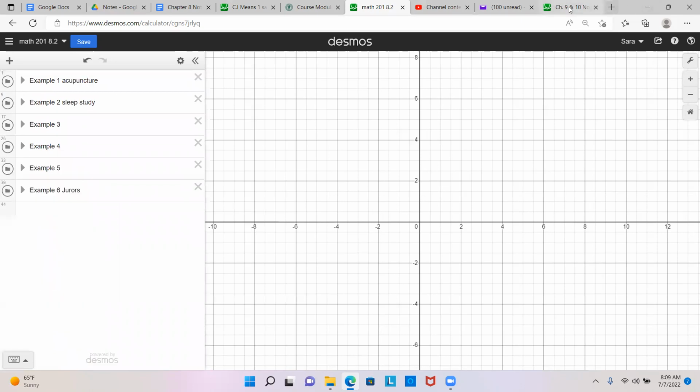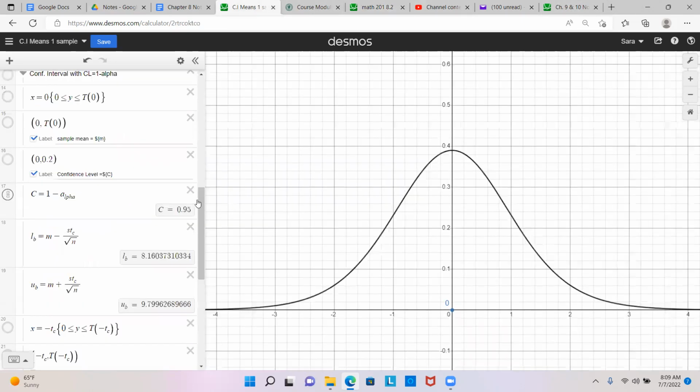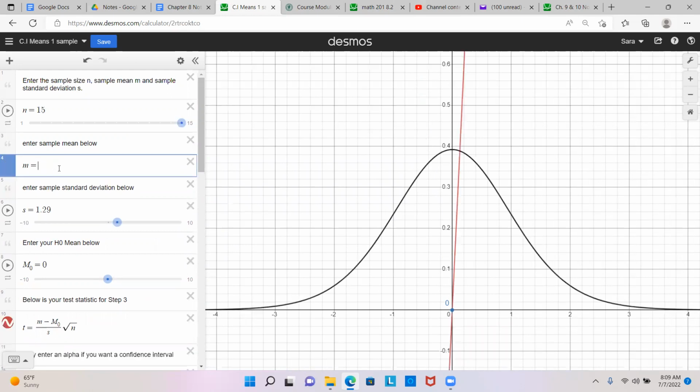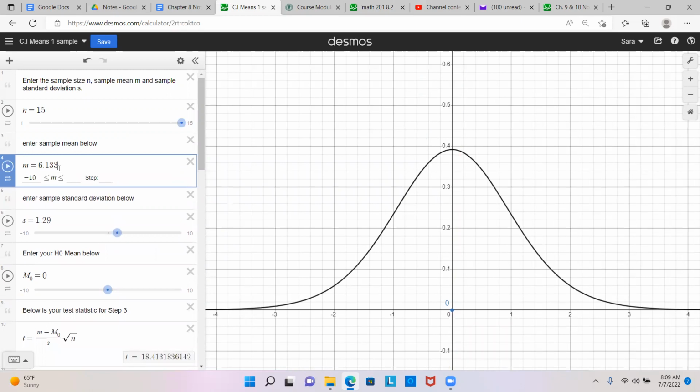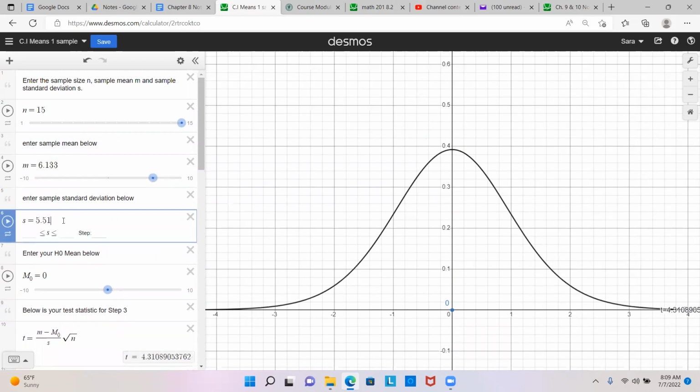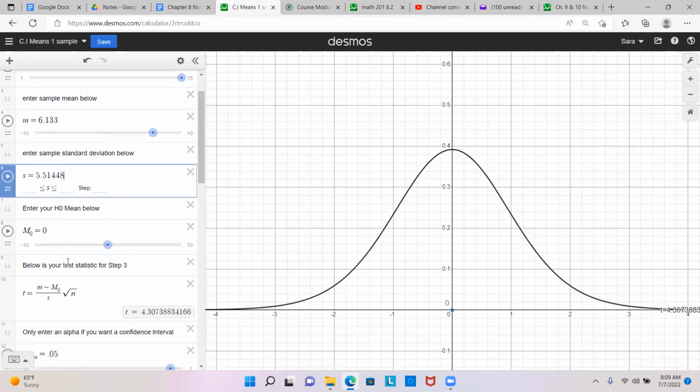So let's go ahead and just see that in our formula here. So if we used our little computer program, we type in sample size is 15, and then average number of hours of TV for the group was 6.133. And the standard deviation was pretty big because of that. One didn't watch 20 hours, and there were 2 other ones that watched 10.